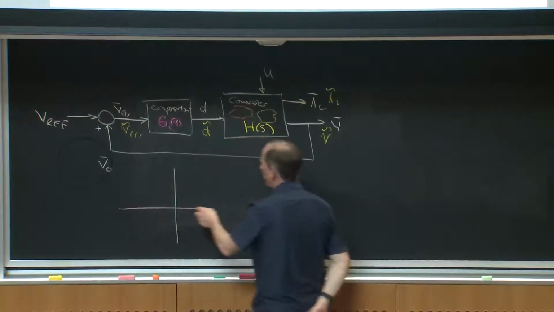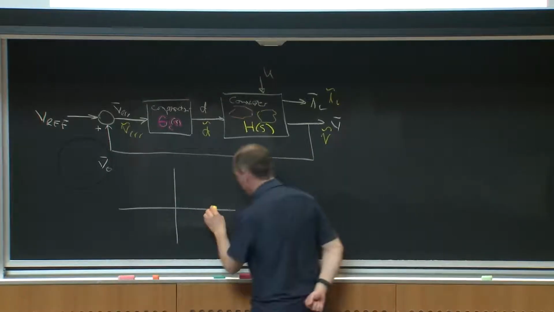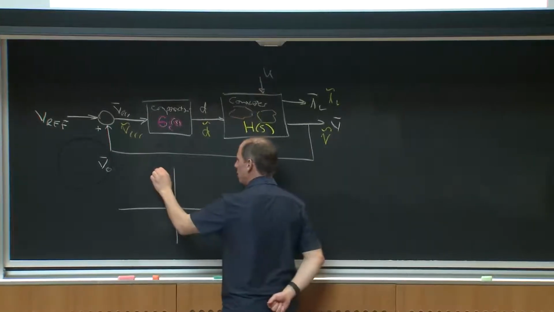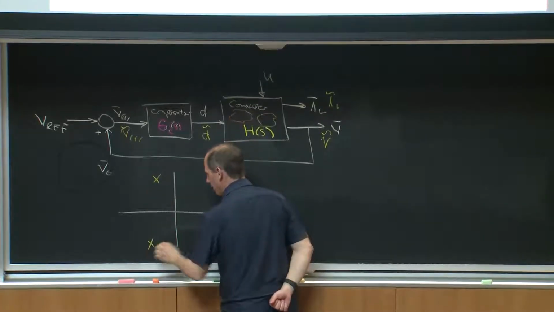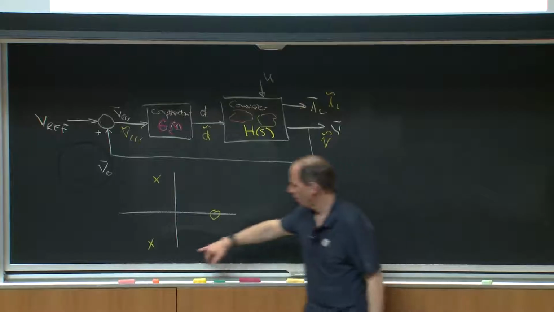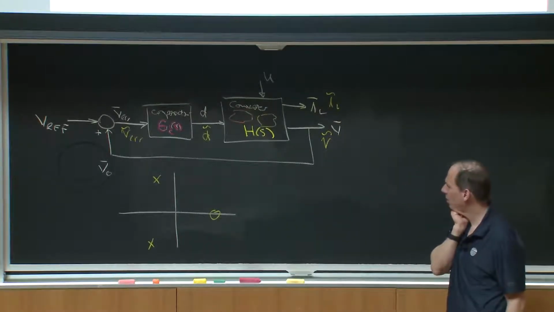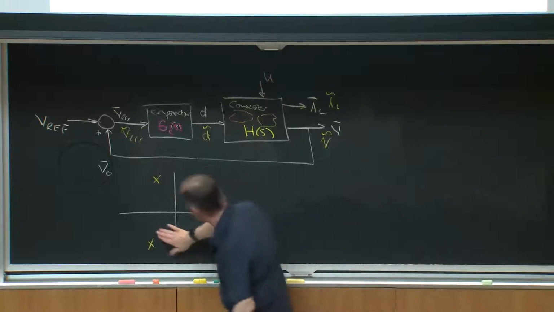What do my plant poles look like here? My plant poles, I said, were 1 right half plane 0 and 2 left half plane lightly damped poles. Okay? And they're complex conjugates.